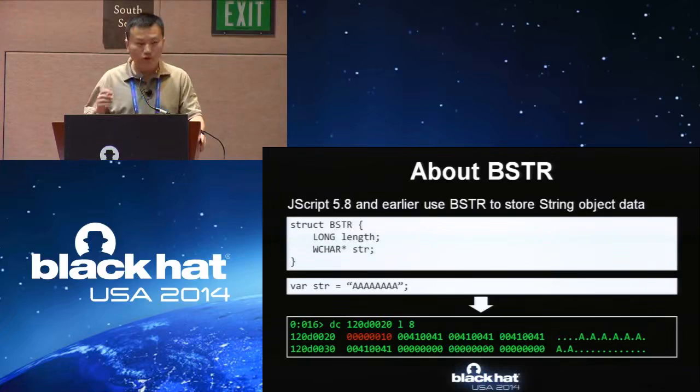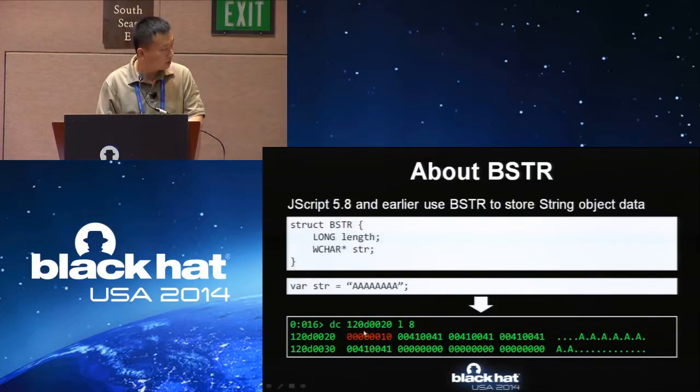When we create a string in JavaScript, it will generate a BSTR in memory, like this: the length, then the data.